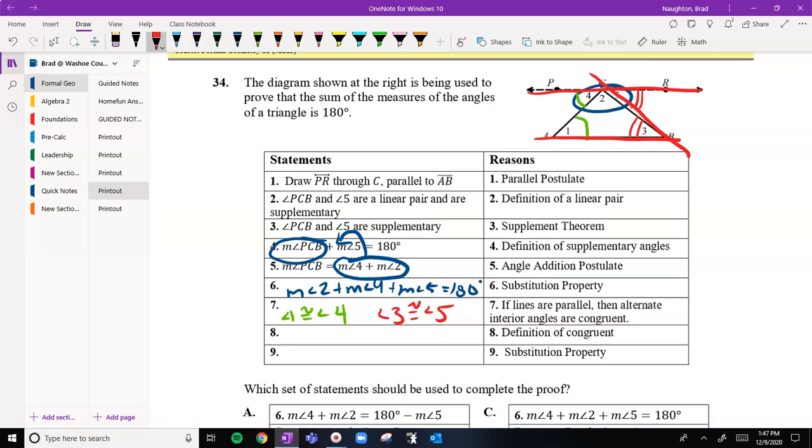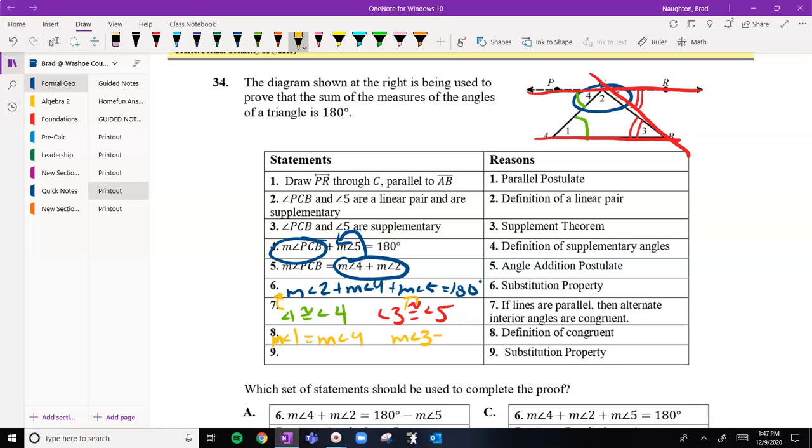So if we say that those are the same, then I can substitute in this one for that one, and this one for that one. So the measure of angle 1 plus the measure of angle 2 plus the measure of angle 3 is equal to 180. Oh, I skipped a step because it's the definition of congruence, so I have to say the measure of angle 1 is equal to the measure of angle 4.